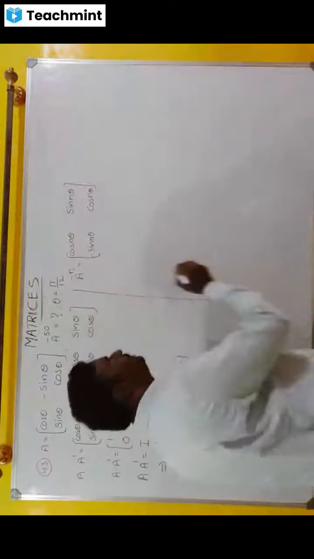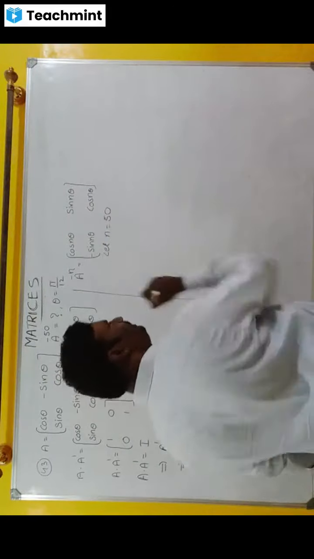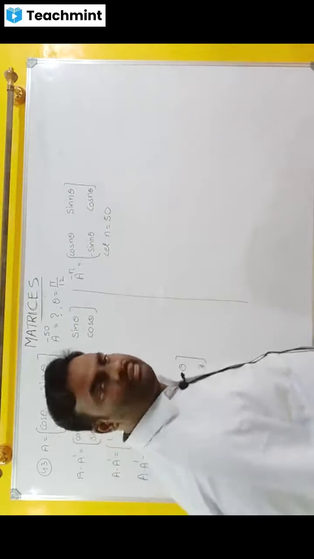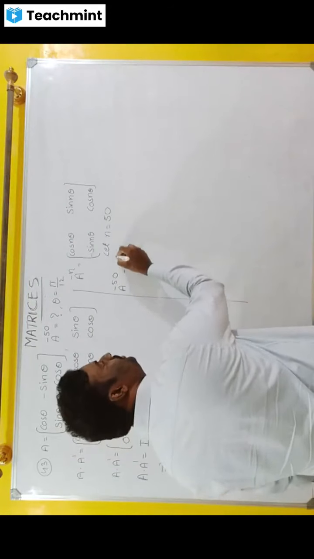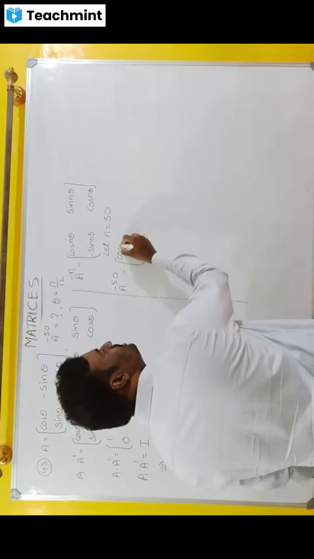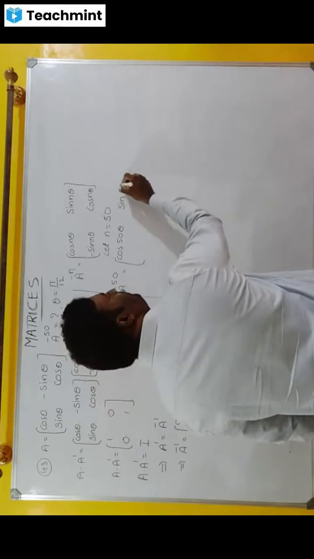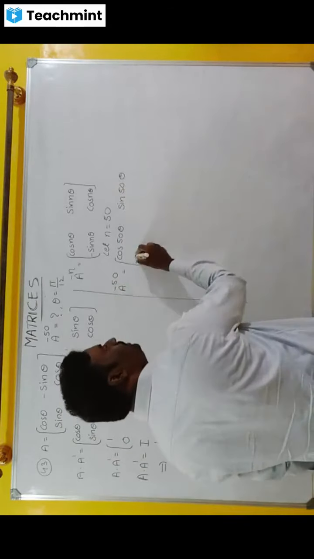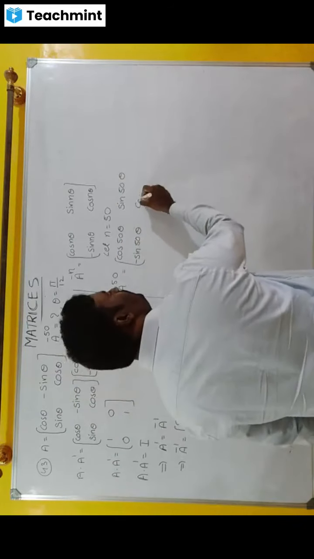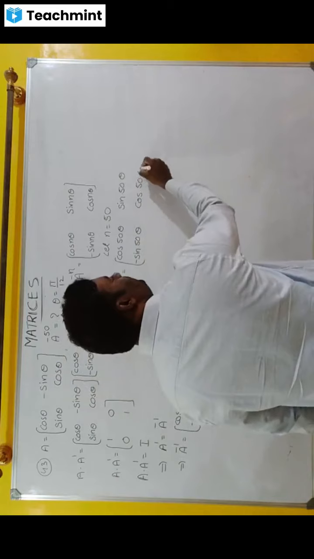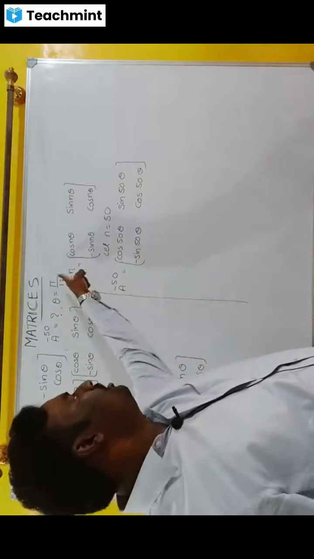That's why in place of n we are substituting 50. Okay, let n is equal to 50. Then A power minus 50 is equal to cos 50 theta, sin 50 theta, minus sin 50 theta, cos 50 theta. But here theta is how much?